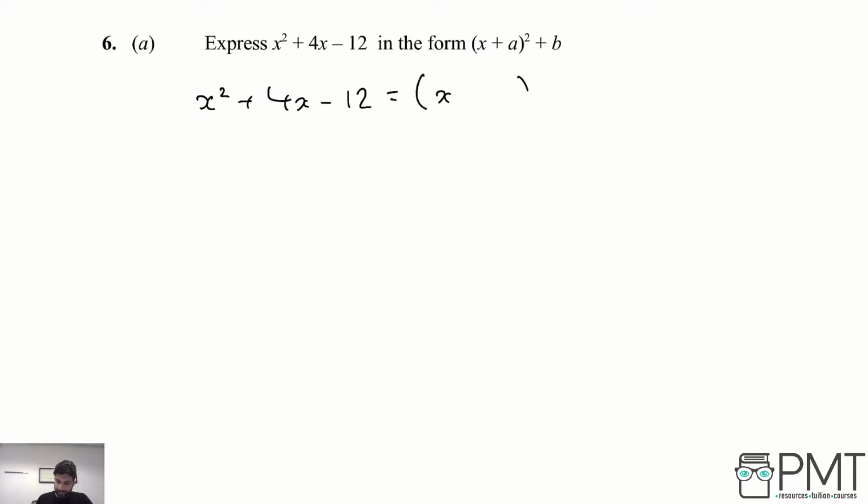I start with an x, square it, plus half of 4, which is a plus 2, minus 2 squared, and I take away the 12 there. Let me color code this. So the 2 is half of 4, and I have got the minus 12 being there.